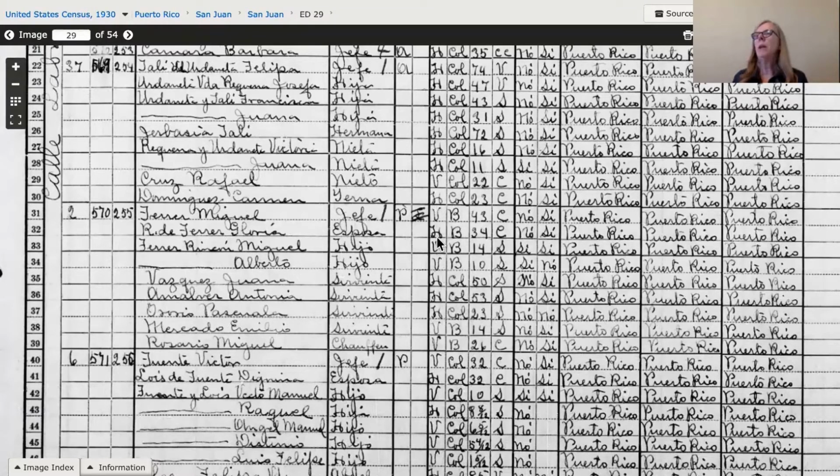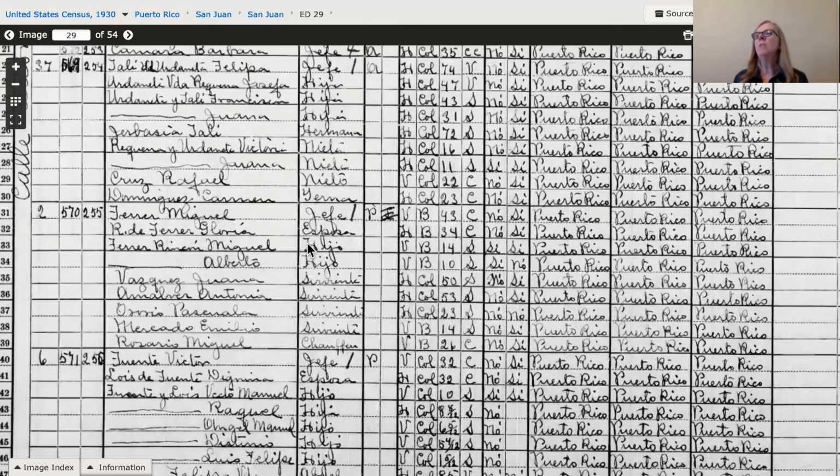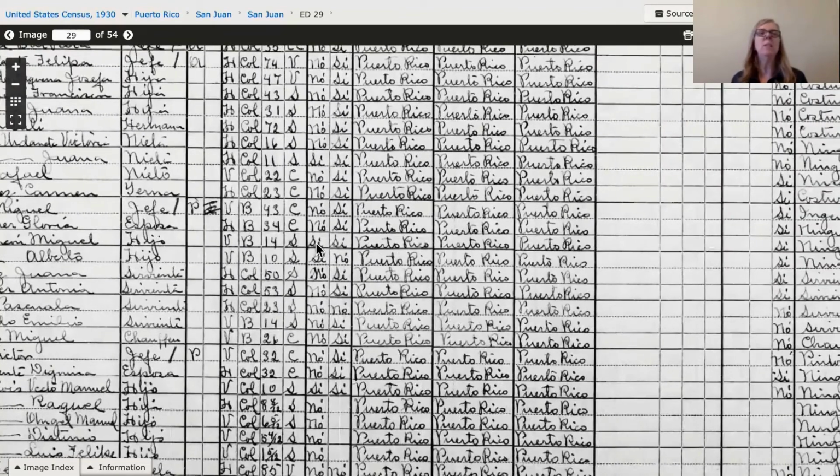Now over here we have the sex, V for varón, M for mujer, B for blanco, and then we have their ages, 43, 34, 14, and 10. Their marital status, C for casados, meaning married, and S for solteros, meaning single. And then the next two columns have to do with education, whether they've attended school and if they can read and write. And these three columns are also very important.